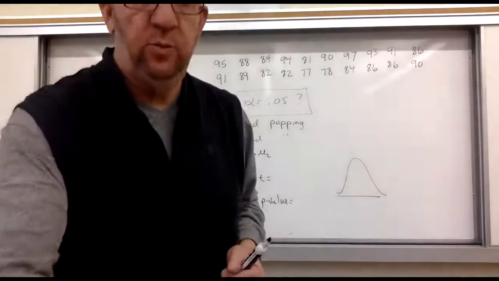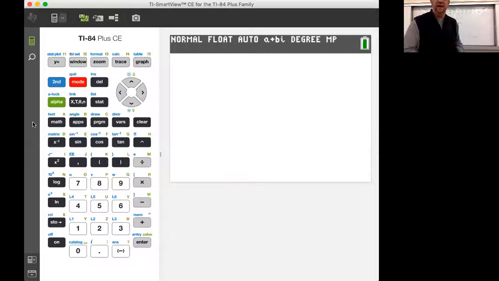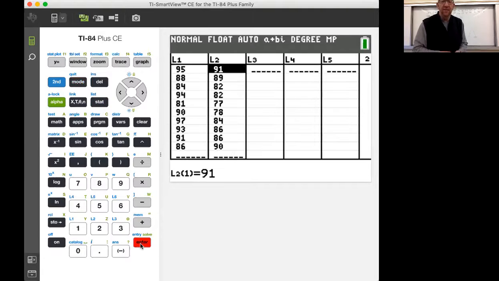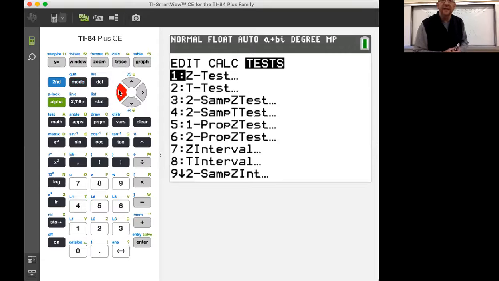So we take out our calculators, and let's see what happens. We've got the calculator here at the home screen. We're going to go to Stat, Edit, and let's just make sure our numbers are all entered in there, and they are. We're going to go to Stat, Tests, and let's see, do you see it there? T-test, that'd be for one sample.